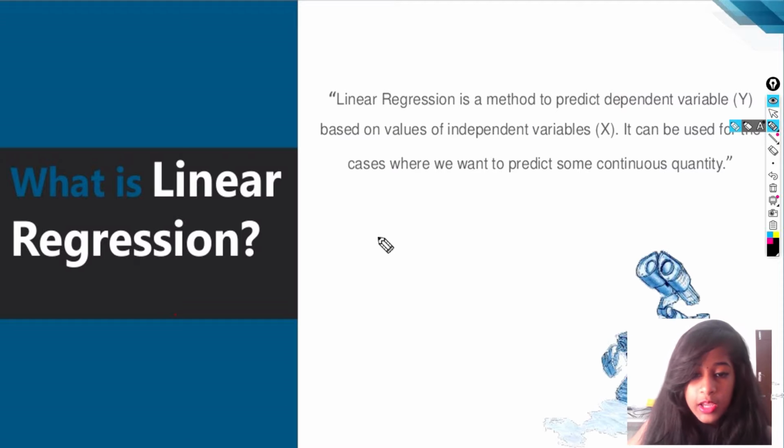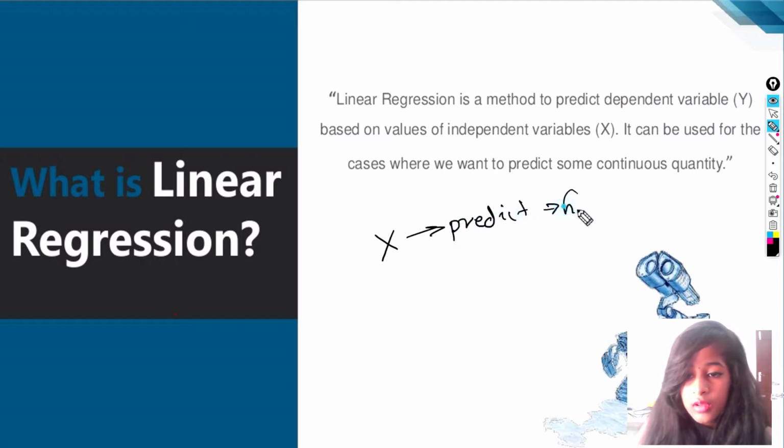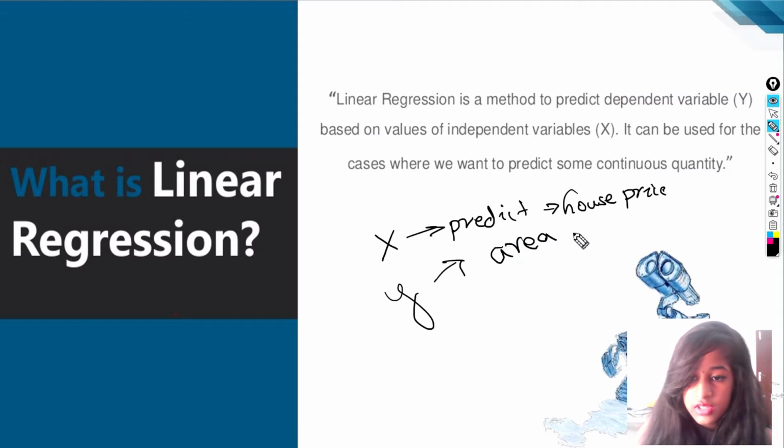So here let's take a dependent variable as x, and we want to predict this. Let's take it as house price. Let me just make it house price prediction. So you need to know the house price over here. Let's think of the y variable as the area, like how many square feet it is.